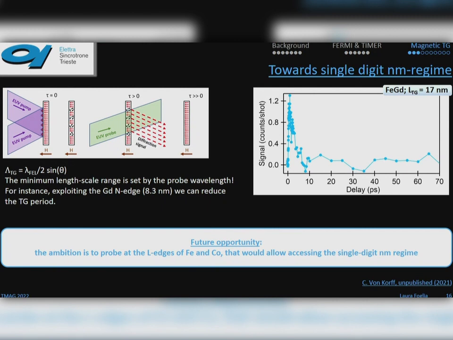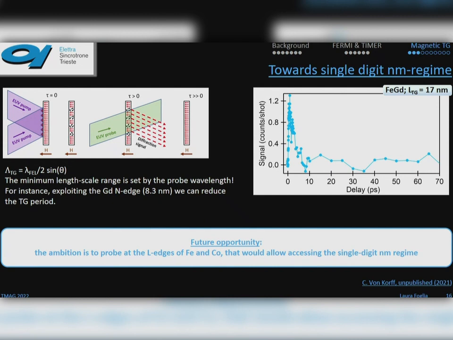We are now approaching a regime where the demagnetization pattern we are creating on our sample is on the length scales of the transversal relaxation phenomena. So we can now, as a function of transient grating periodicity, start learning something about transversal spin diffusion and transversal relaxation phenomena in this kind of ferrimagnets.